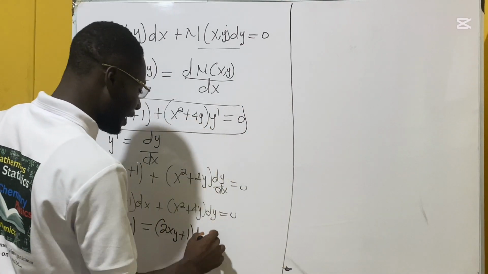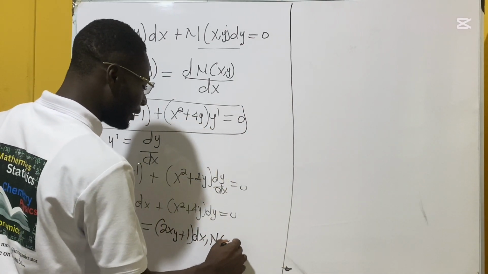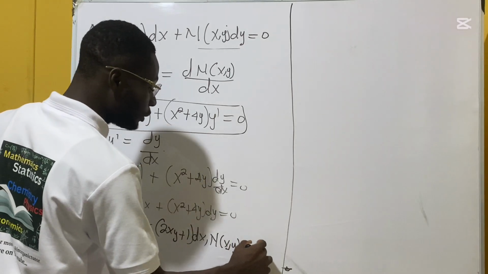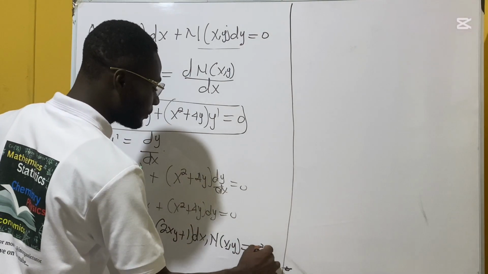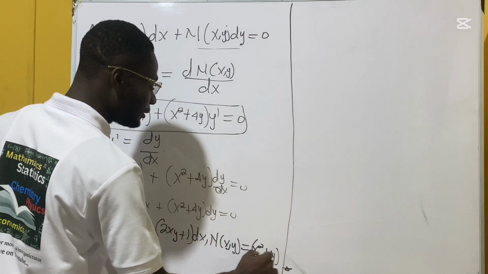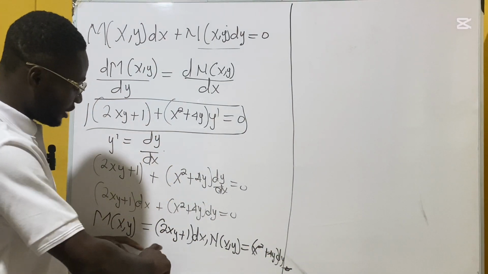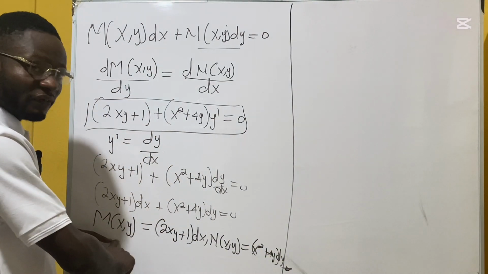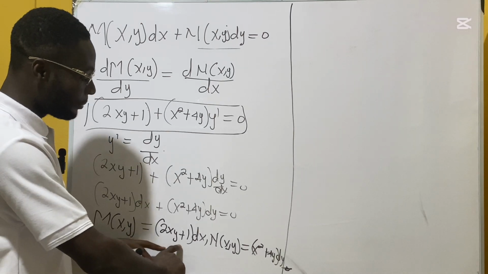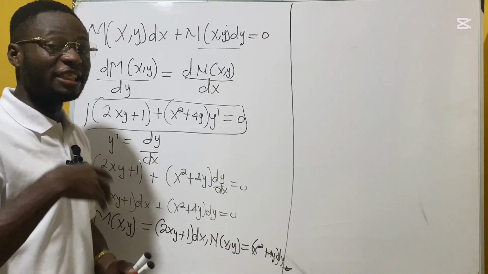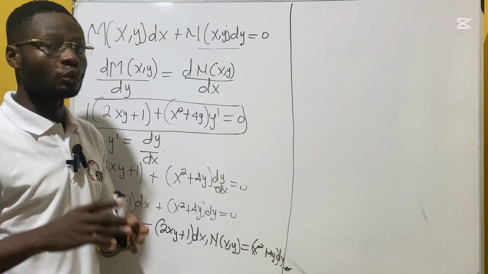Then N of x and y equals x squared plus 4y, with dy. This one, M of x and y equals 2xy plus 1, we are going to differentiate it with respect to y.